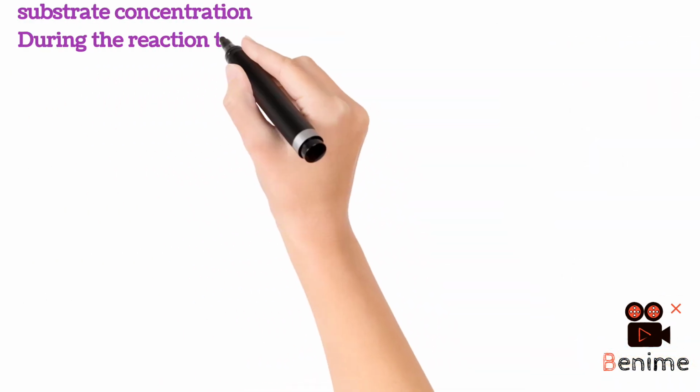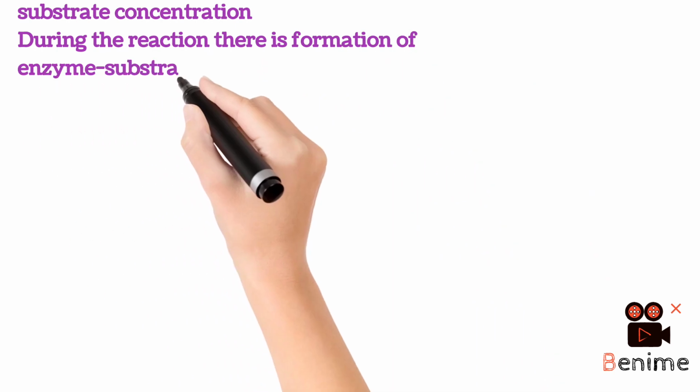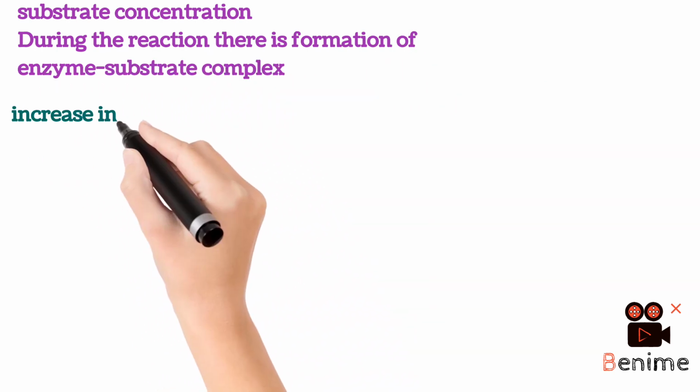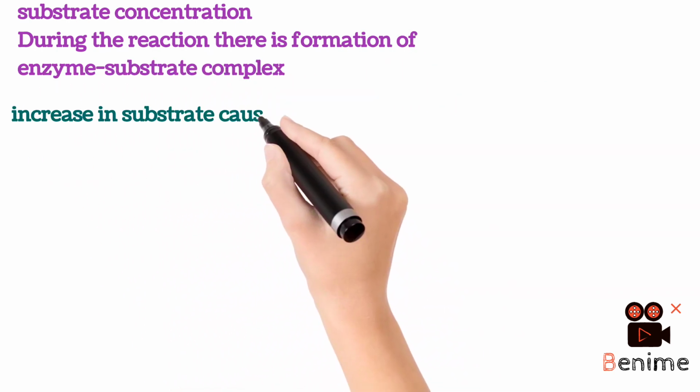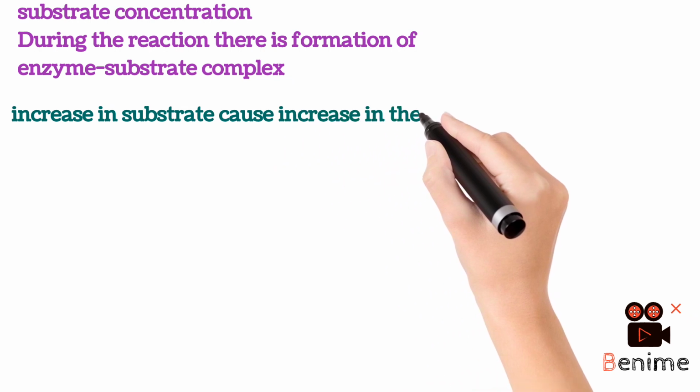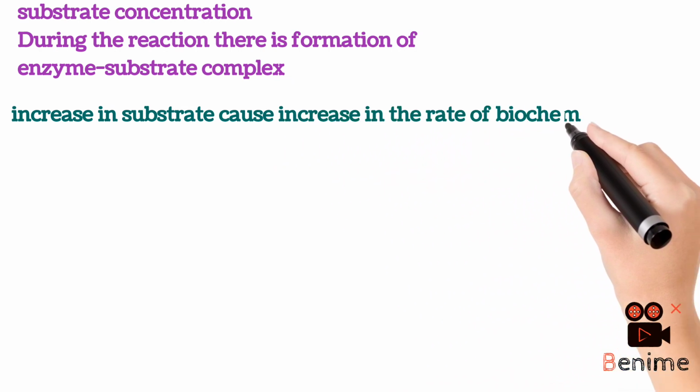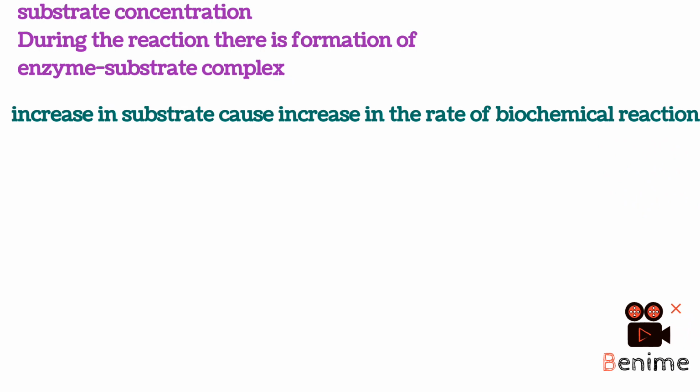Substrate concentration. During the reaction, there is formation of enzyme substrate complex. At the initial stage of a biochemical reaction, increase in substrate causes increase in the rate of biochemical reaction, meaning that if the amount of substrate is increasing, there is increase in the rate of biochemical reaction.